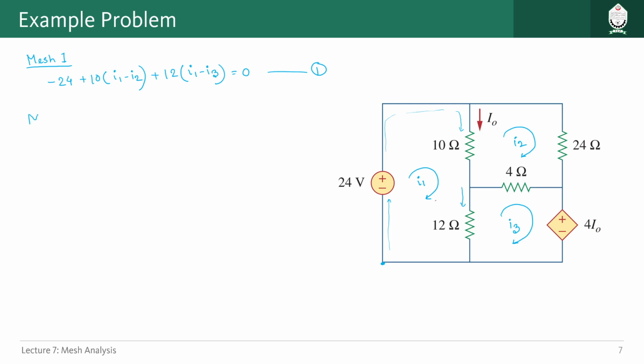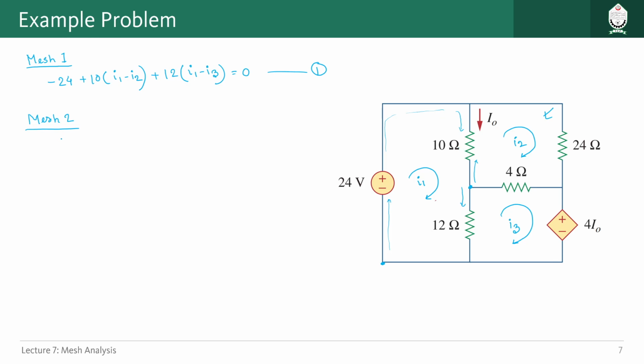Then for mesh 2 is this one, right? So here again you can start from anywhere and calculate the KVL. So in the clockwise direction, we'll start with this one, and here now I2 is in the same direction as our calculation, but I1 is in a different direction.